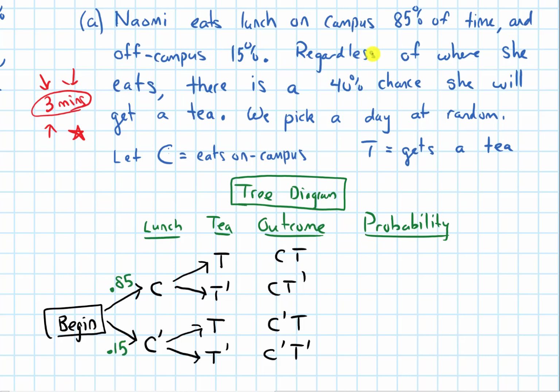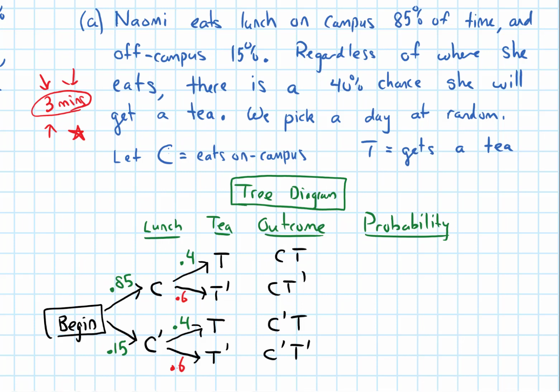And then next it says, regardless of where she eats, there is a 40% chance that she will get a T. So regardless of whether we're at C or C complement, the branch going to T in each of those should have 0.4 as the probability. So that means that the missing probability on each of those going to T complement is going to be 0.6, so that these two numbers add up to 1. Same thing here, it should be 0.6, so that these two numbers add up to 1.